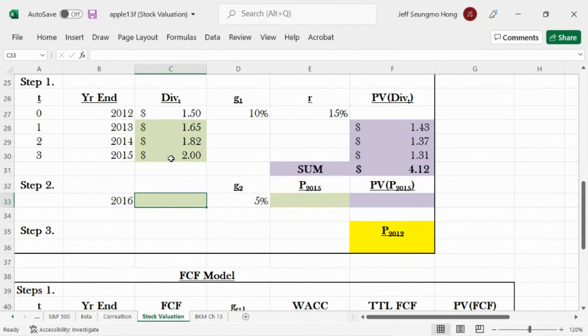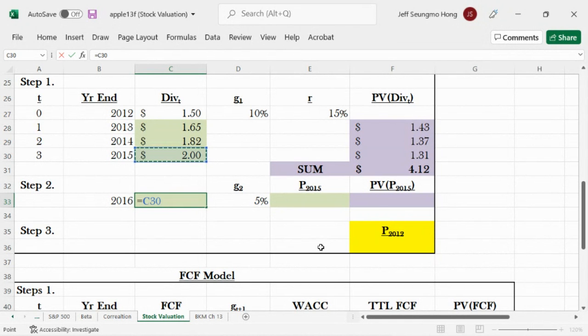Now, for the constant growth phase, the end of 2015 is time 0. So we need the dividend at time 1, right? To use the Gordon Growth Model, which is not a difficult thing.